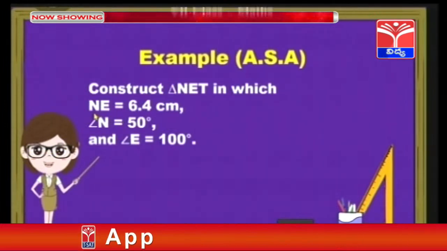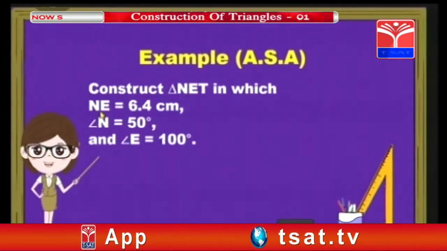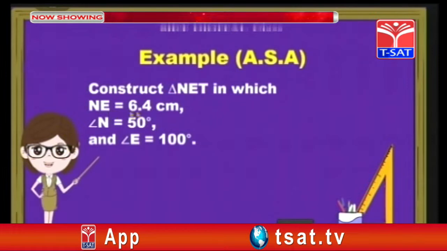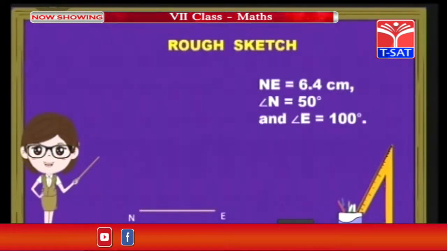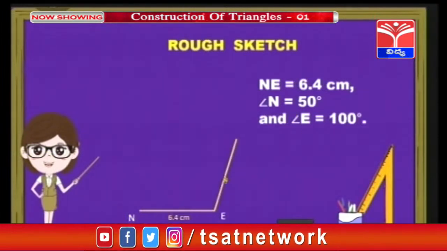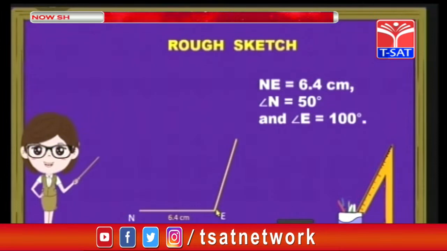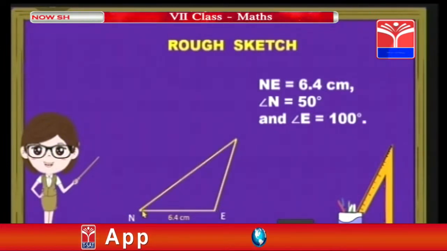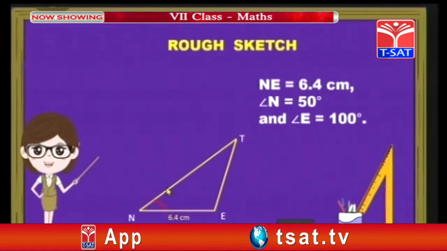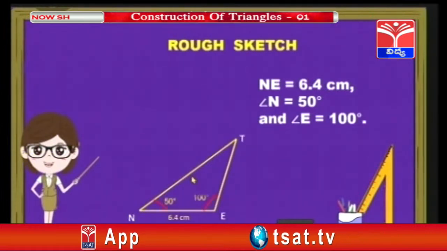So we can clearly see that we have to take the base as NE here. Let us see the rough sketch. This is our rough sketch. NE is given 6.4 centimeters. Angle E, as it is an obtuse angle, we have taken an angle like this, and angle N 50 degrees. So we will get our required triangle.